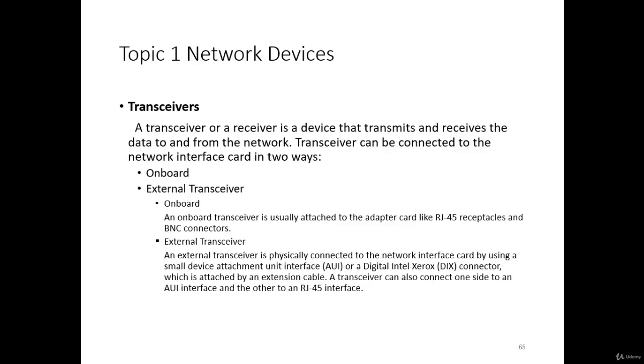External transceiver. An external transceiver is physically connected to the network interface card by using a small device, the attachment unit interface or a Digital Intel Xerox connector, which is attached by an extension cable. A transceiver can also connect one side to an AUI interface and the other to an RJ45 interface.